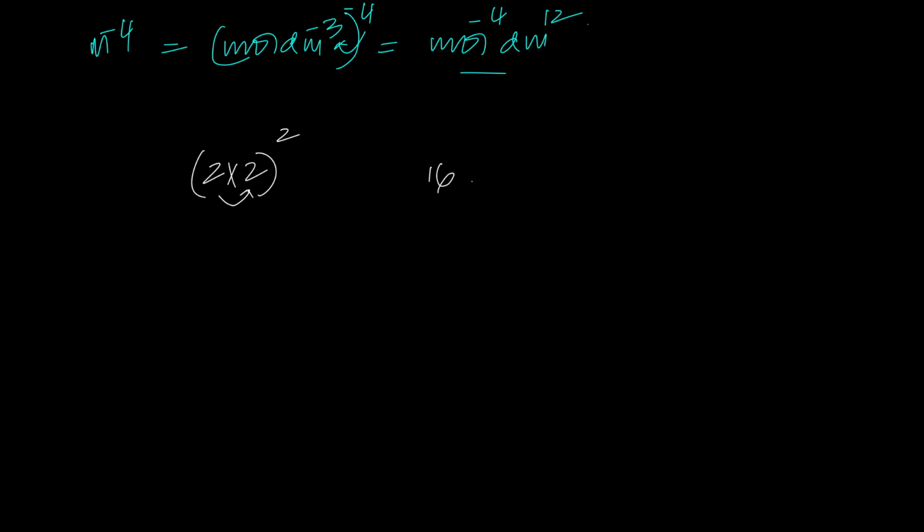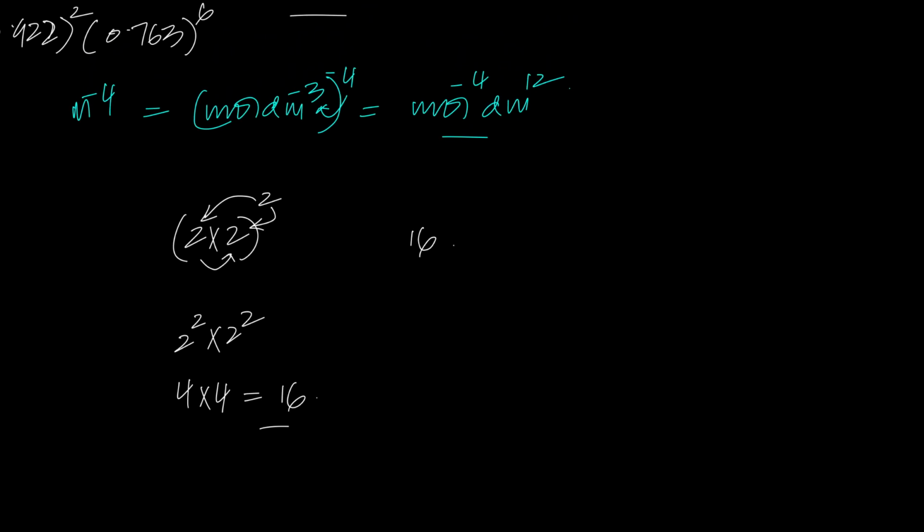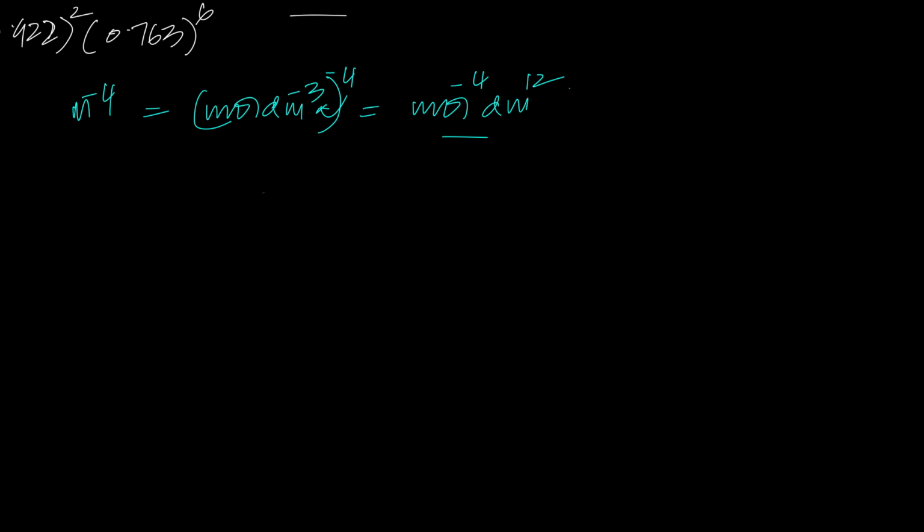The square would individually come here and here, so it'll be 2 squared multiplied by 2 squared. 2 squared is 4, 2 squared is 4, and that's 16. When nothing is written, it's to the power of 1. It's O-level math, kiddo. Even if you don't take O-level math, it's basic elementary class math. Come on, it's okay. I hope you got it now.